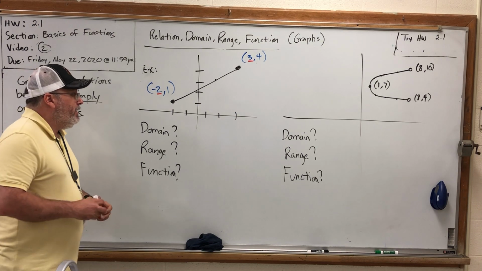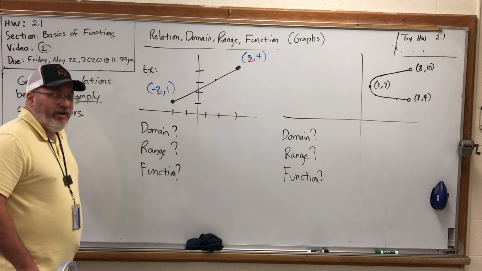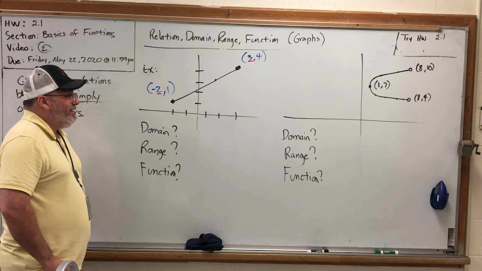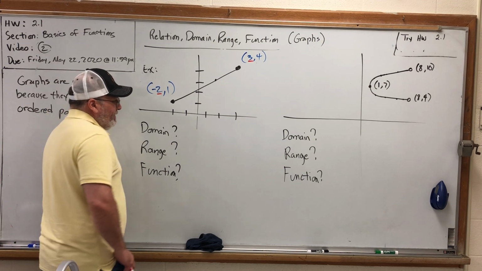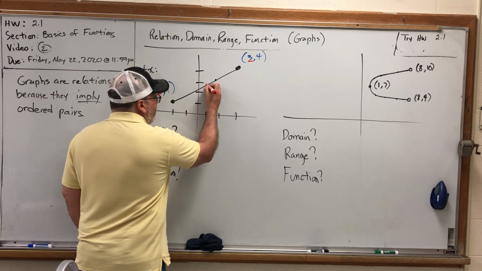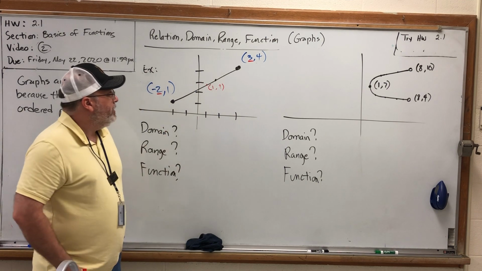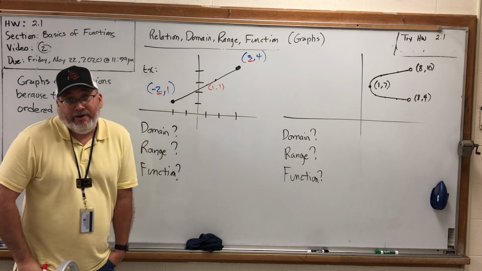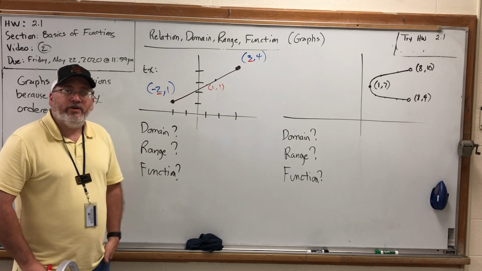For example, is 1 in the domain of this relation? That's like asking, is there a point on this graph where the first coordinate is 1? I think there is. If we go over 1, there's a point up here that's over 1. We don't know how far up it is, but if we're only talking domain, we don't care how far up it is. We just know that there's a point over here whose x-coordinate is 1.